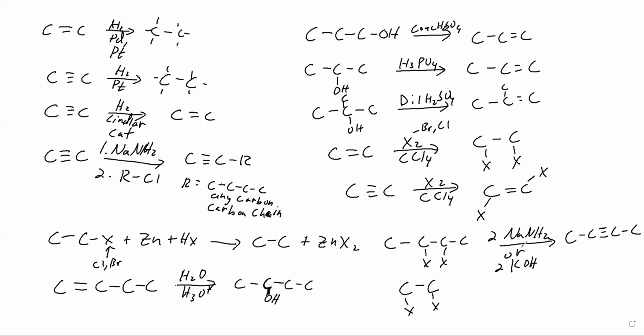This situation, you need 2 moles of a strong bulky base, O minus. That will give you C triple bond C. Okay.